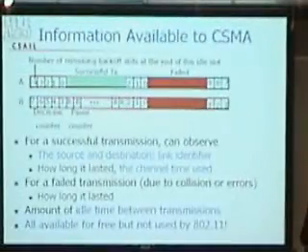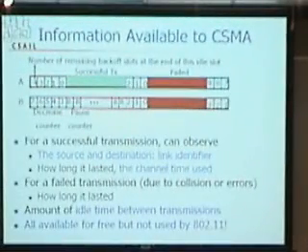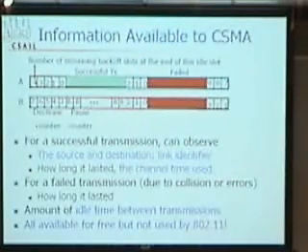If it's successful, you will decode the MAC header because you need to know whether it's directed to you, right? That's when you know whether it's intended for you. Everybody will decode the MAC header. If you can't decode the MAC header, it's a failed transmission.